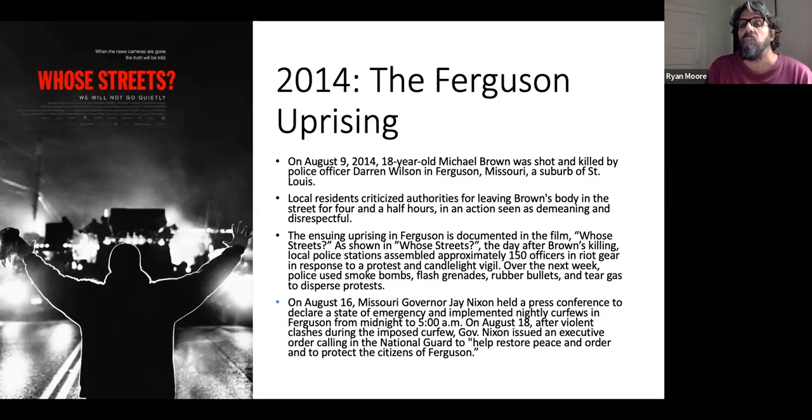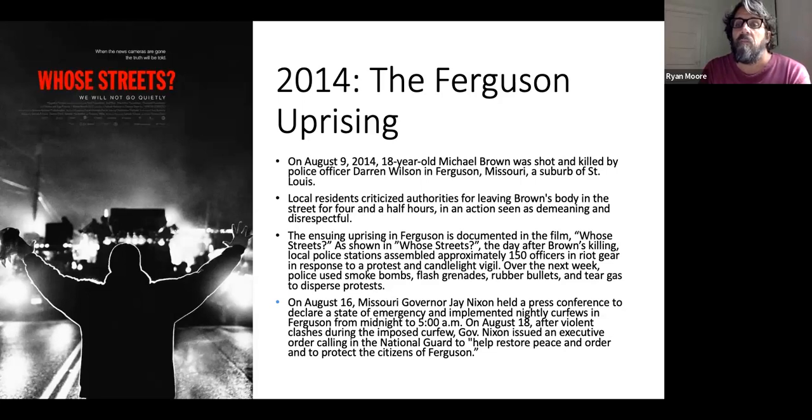As people came out of their homes to see this, that was seen as a demeaning and disrespectful act by the police, something akin to a public lynching. And so the uprising followed this horrible murder and then this terrible action of just leaving this kid's body in the street for 4.5 hours.